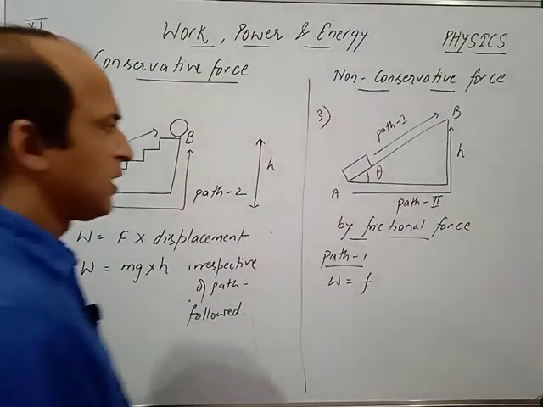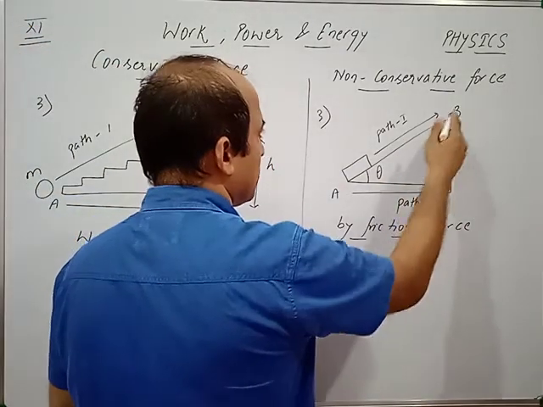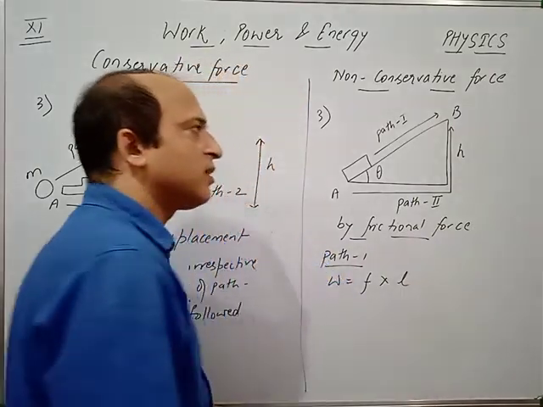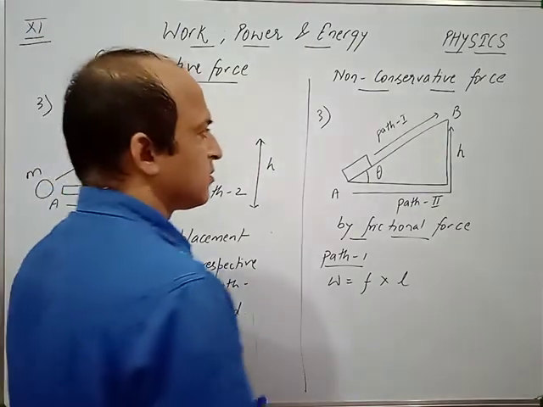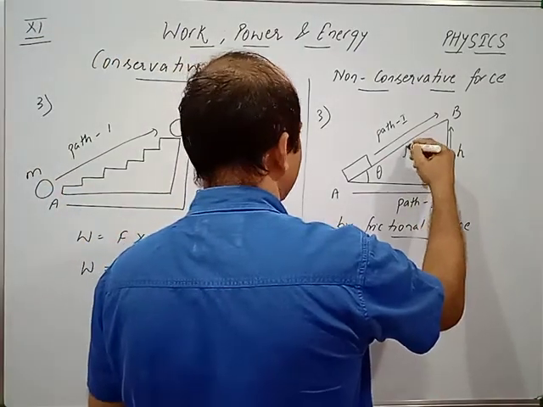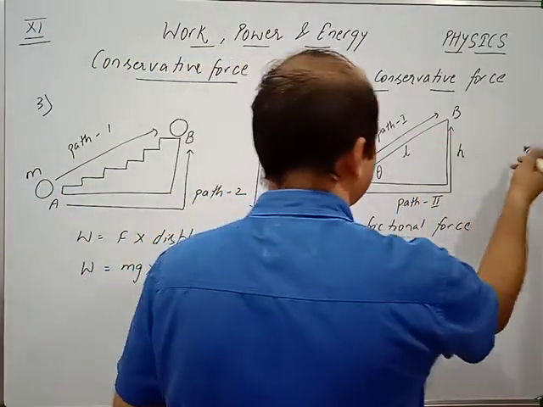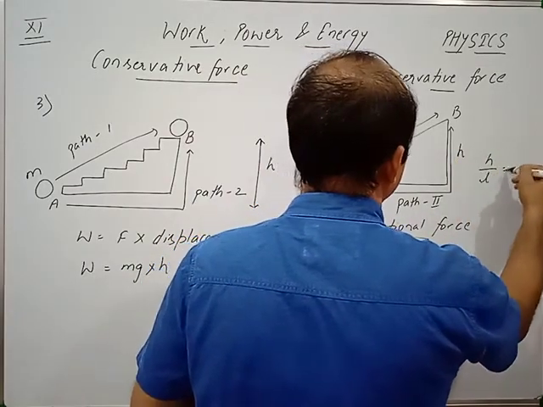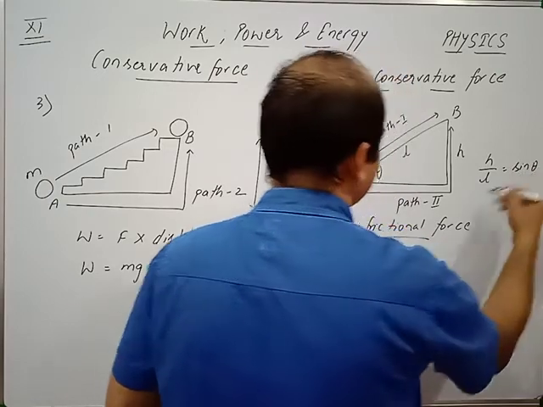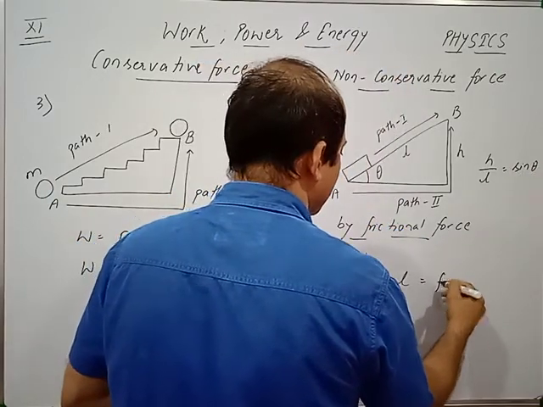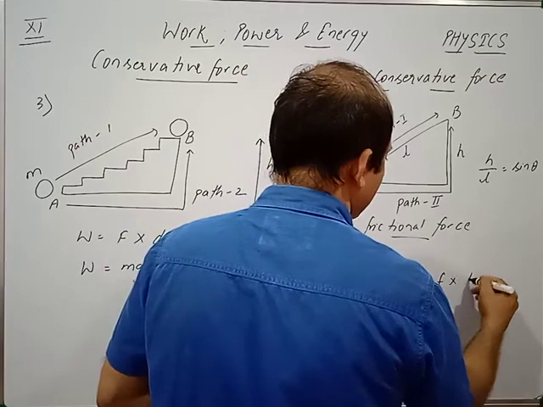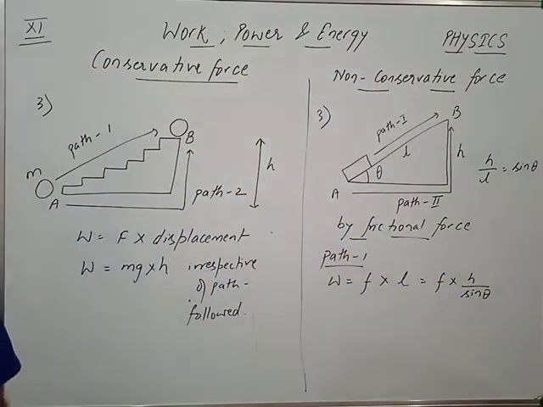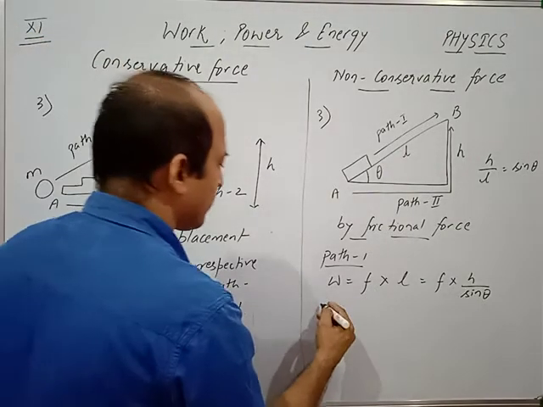So F multiplied by the length of the path, that is the length of the incline, say L. So what will the value of L be when we use a right-angled triangle? This is my perpendicular, this is my hypotenuse, so h by L equals sin theta. Hence L will be equal to h upon sin theta. So F into h upon sin theta. This is the amount of work done if we are moving along path 1.